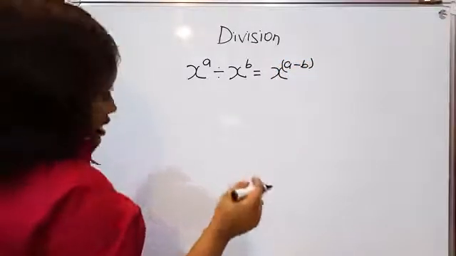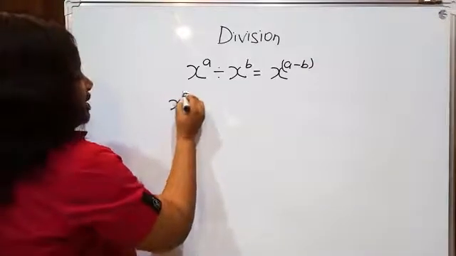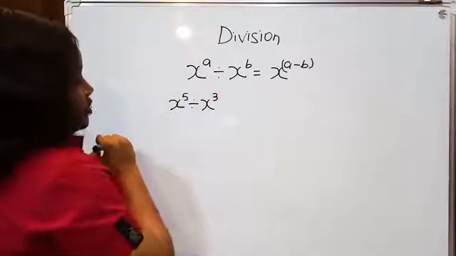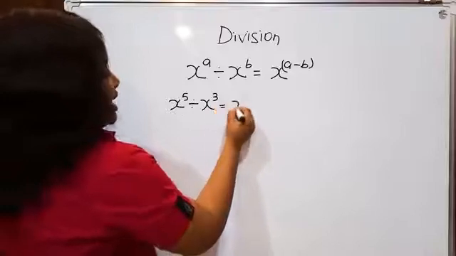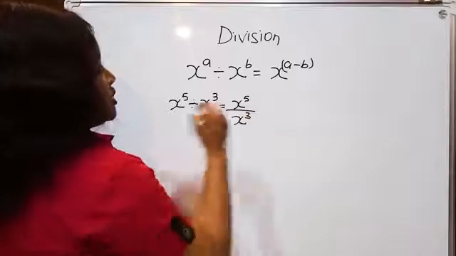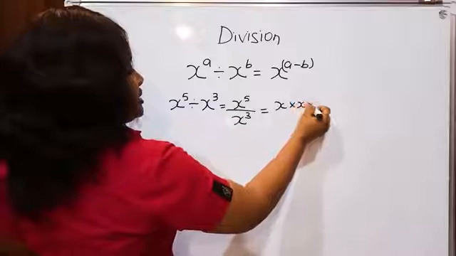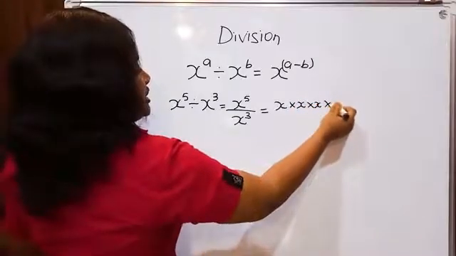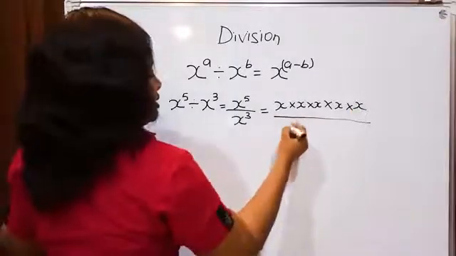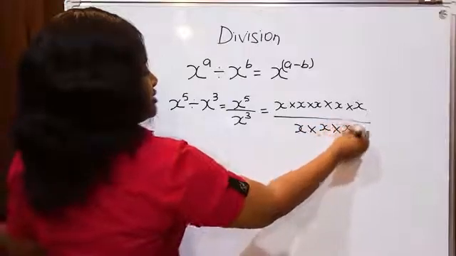Now let's illustrate. If you have x raised to the power 5 divided by x raised to the power 3, it's the same thing as saying x raised to the power 5 over x raised to the power 3, which is x times x times x times x times x all over x times x times x.